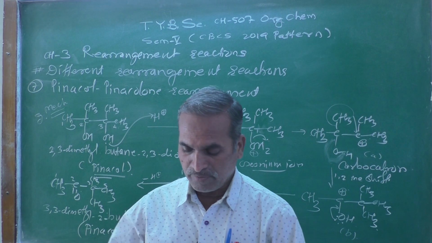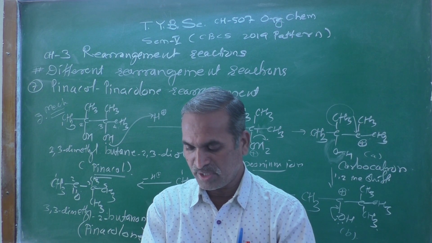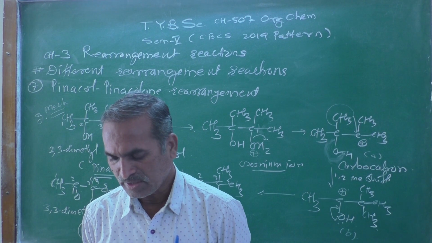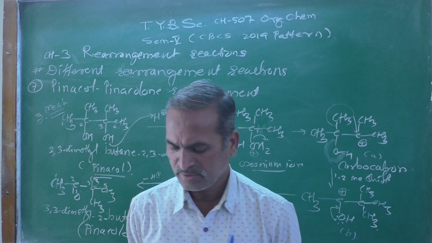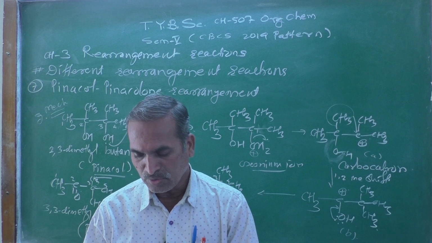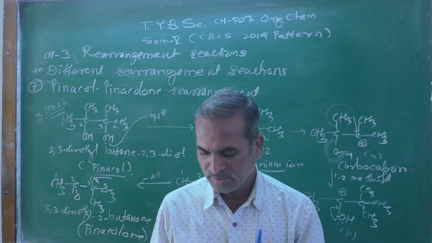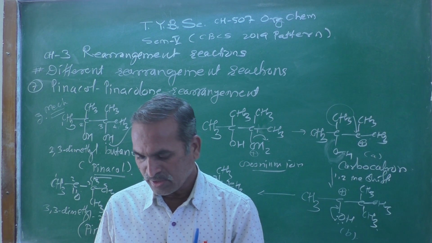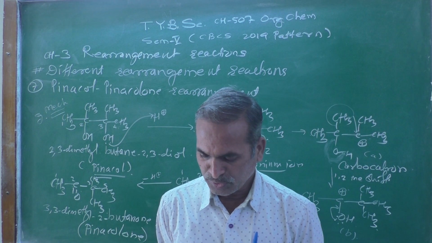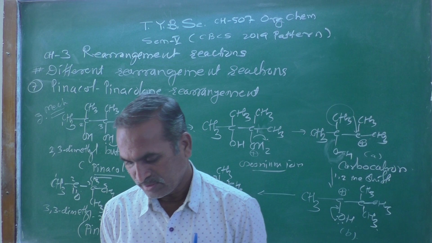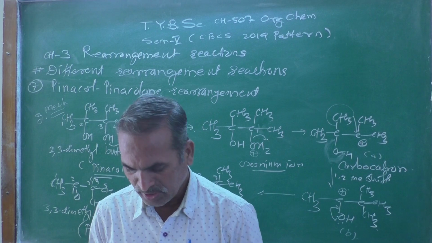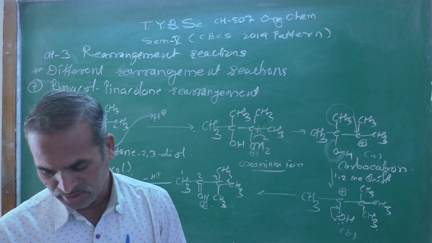Thus, a type of intramolecular rearrangement is suggested, and this is established by the fact that the migrating group retains its configuration and no crossover products are formed. So generally crossover products are not observed. Let us see what that means.